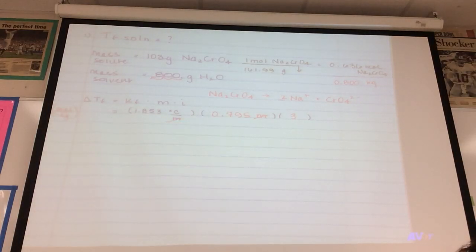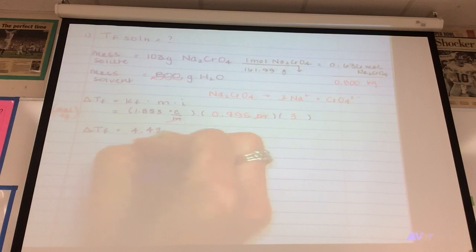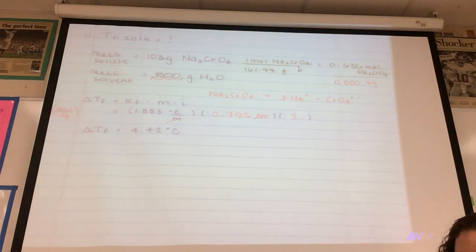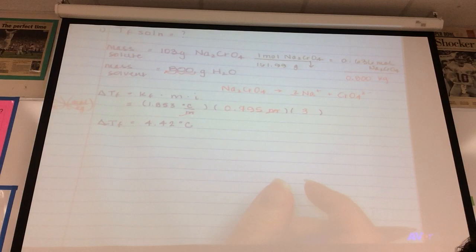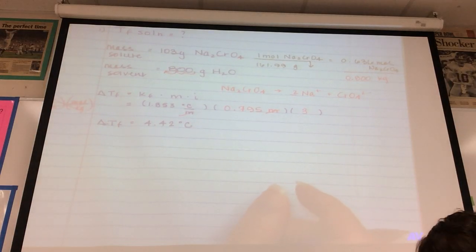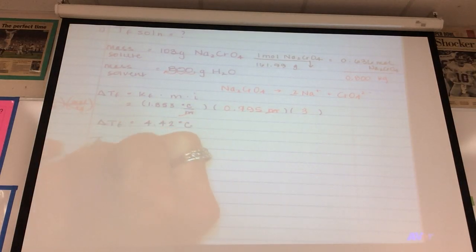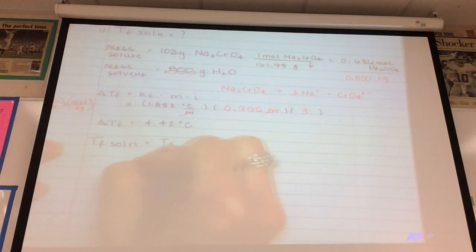And our delta TF is 4.42 degrees Celsius. And what do I do after I get my delta TF? I must subtract it from the freezing point of the solvent.